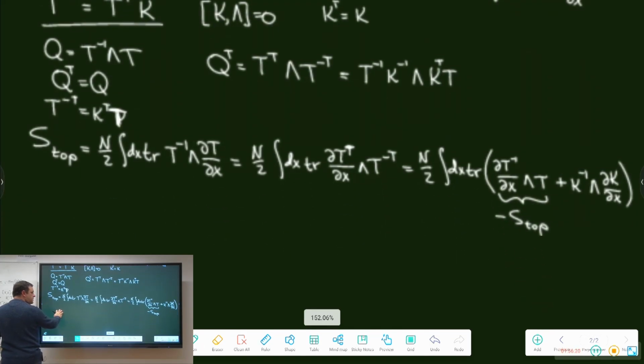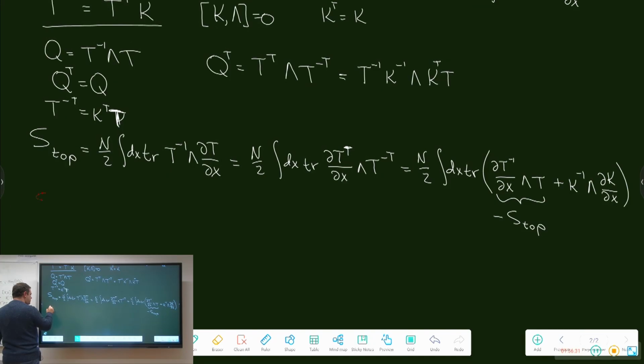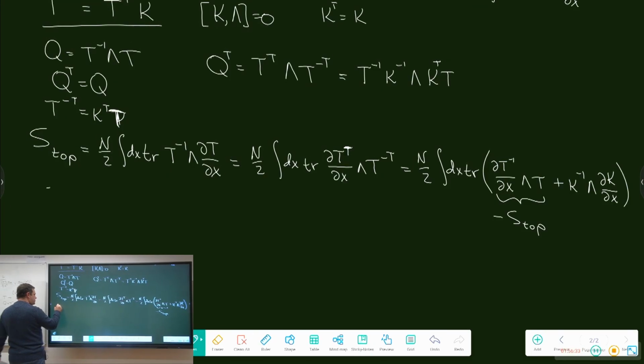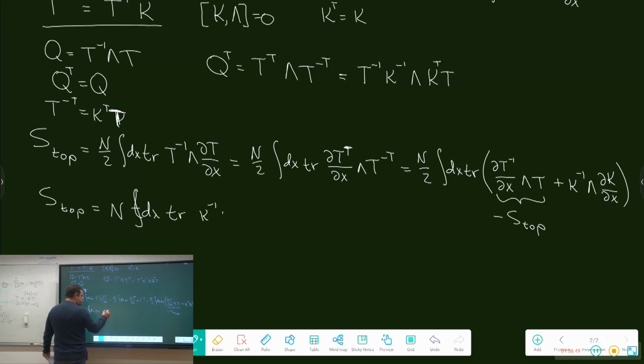And we can make a conclusion. We make a conclusion that this topological term equals n integral over x, this is integral over x trace K inverse lambda dK by dx.